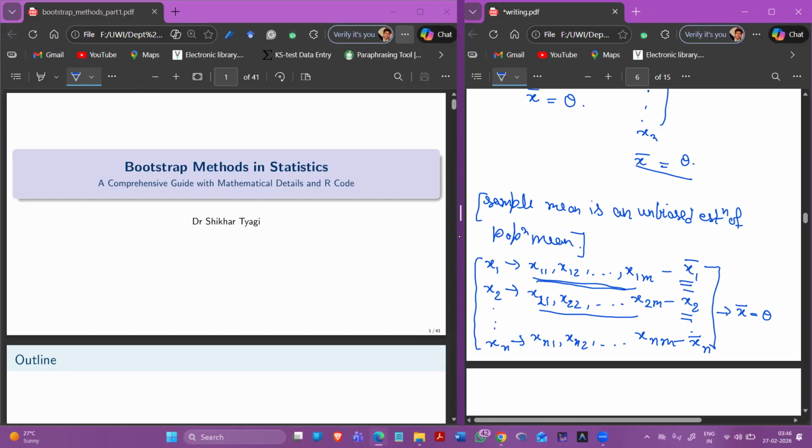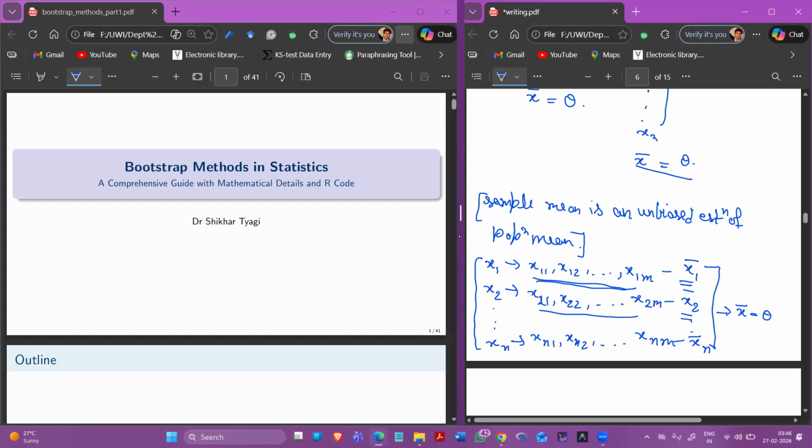Even in the Bayesian approach, what were we doing? We were assuming that x1, x2, xn is the sample that follows some particular distribution, and with respect to that distribution we have parameters, and those parameters also follow some other distribution, some prior distribution.